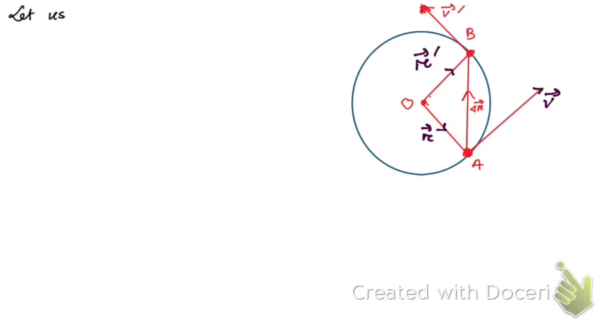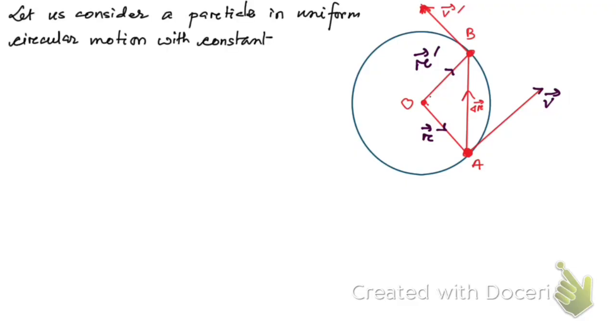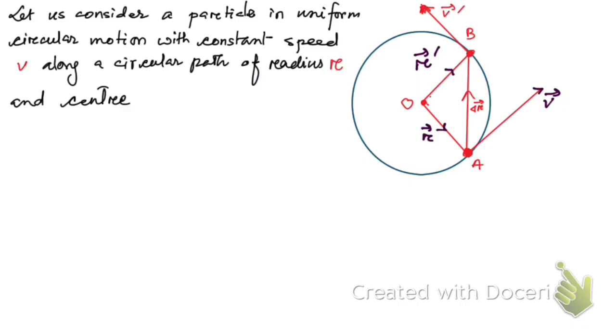So first let me write what I have considered here. Let us consider a particle in uniform circular motion with constant speed v along a circular path of radius r and center O, and let del t be the time interval.